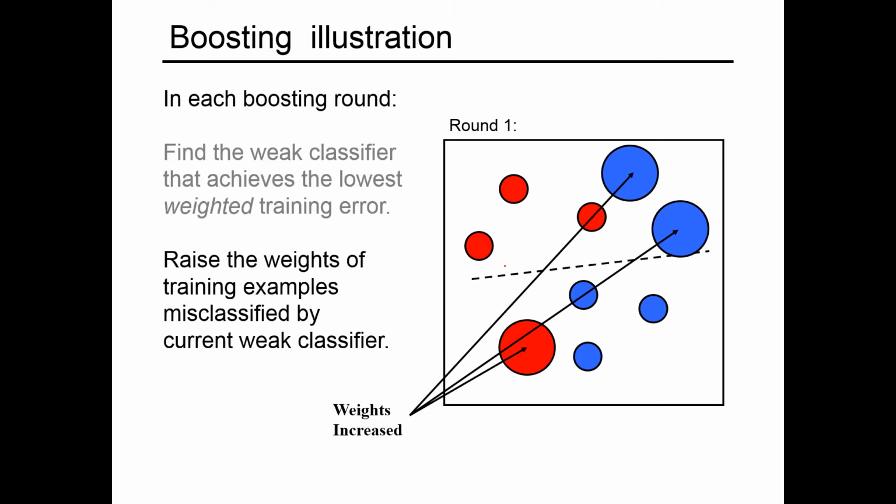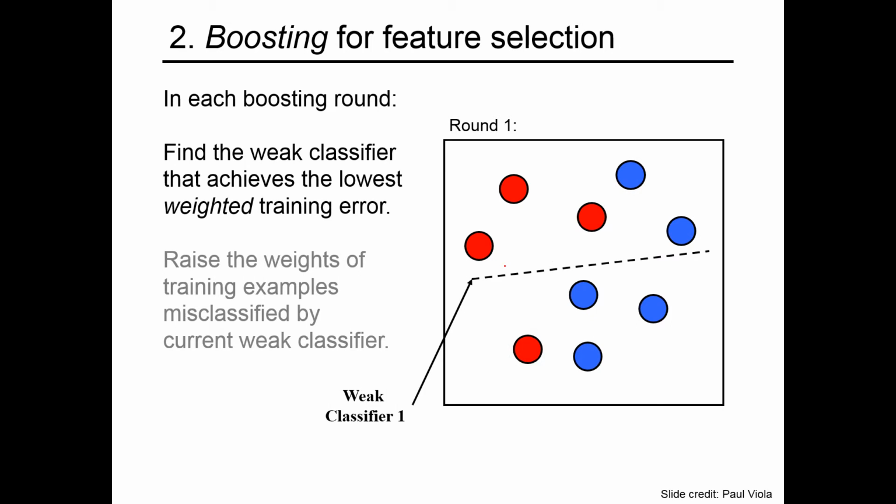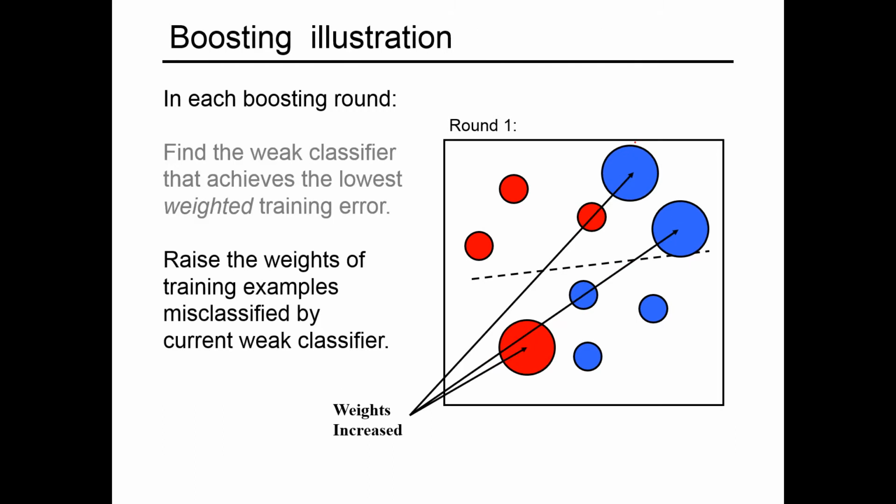Afterward, for all the error cases, we boost them to have a larger weight. That's why we call this boosting. These are the error cases, right? Because all this side is supposed to be red, but these two data points here are misidentified, and this is also misclassified. So we make them have larger weights.